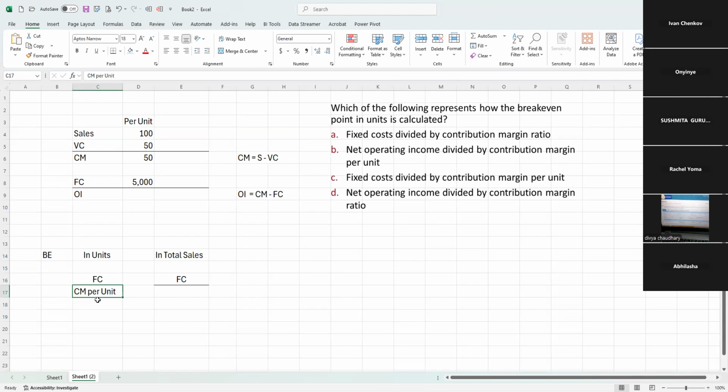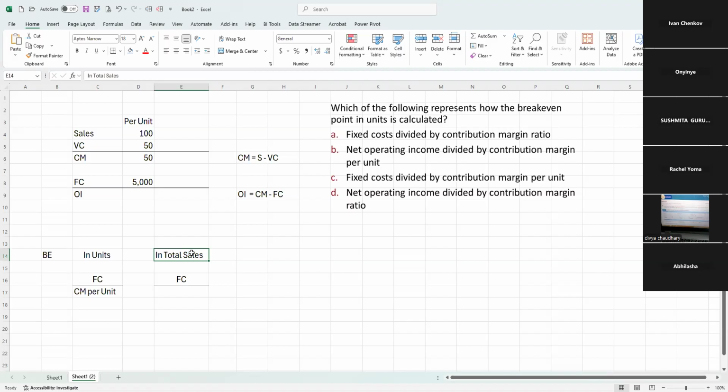Can I measure total sales in some other measure? Is there any other way to measure my total sales rather than dollars?